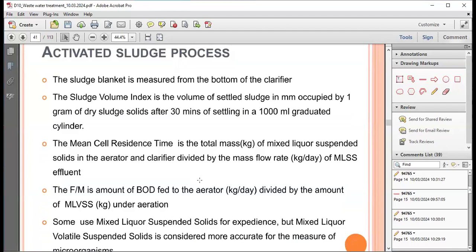So you can study this for your knowledge. This one is a very long part, the wastewater treatment.